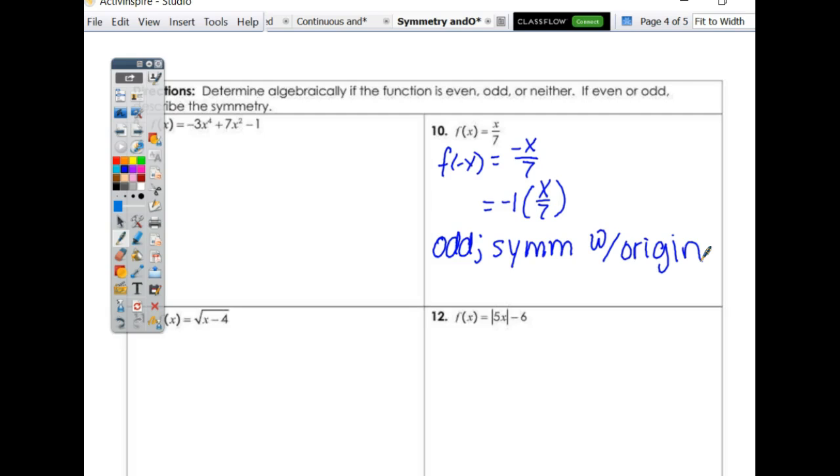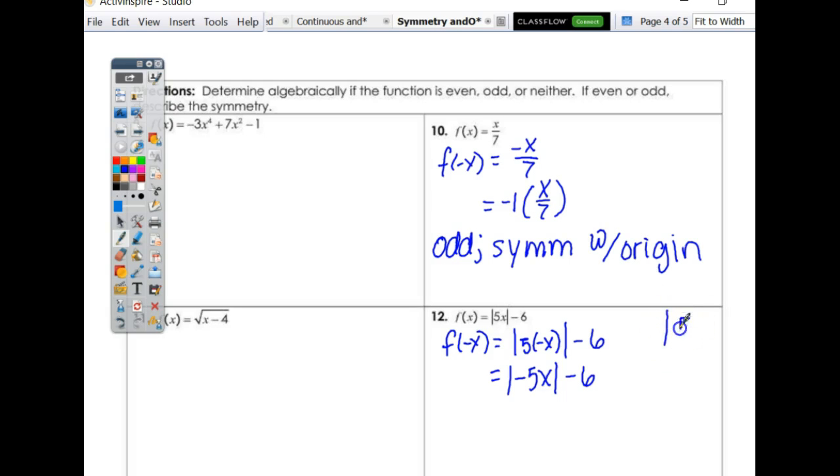And the last one I want to help with is number 12. So if I put a negative x, so when I write this now, is there a plus with this one? There isn't.